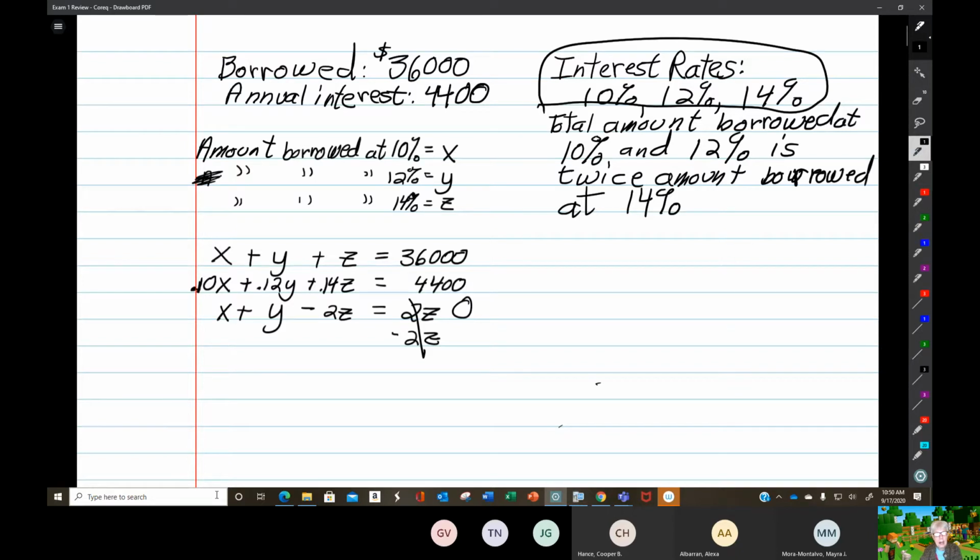And so that's my basic matrix, but I am going to do one more thing. I want to get rid of the decimals. I want them gone. The way I can do that is, since I need to move the decimal point over 2 places, I can multiply this entire line by 100.